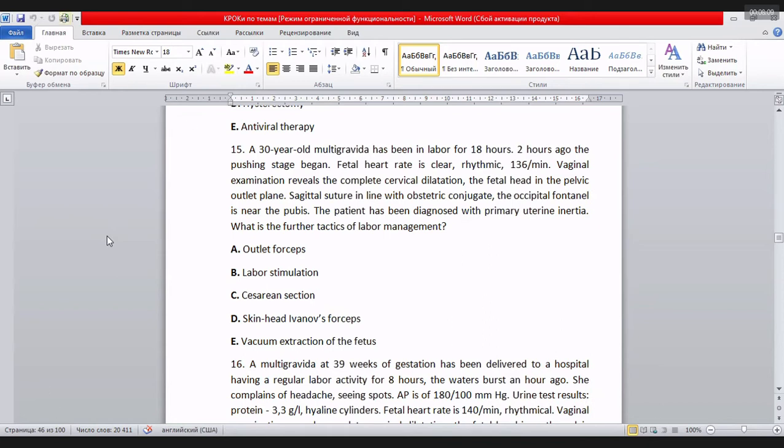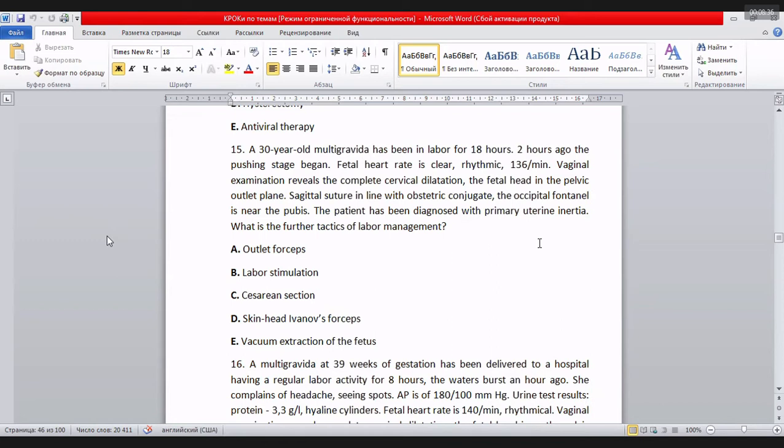But you see that woman, or it is the mistake of the doctor. It cannot be primary uterine inertia, because in this case the fetal head cannot be on the pelvic floor. The fetal head passed all the way to the pelvic outlet, and only then was it diagnosed primary uterine inertia. Secondary, of course, I agree with this. It is secondary uterine inertia.